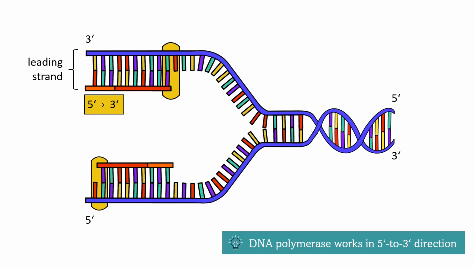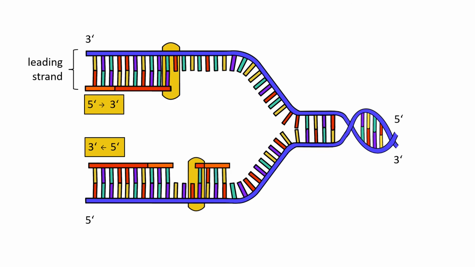The other is going to be synthesized discontinuously in small pieces, because the DNA polymerase has to shift every time that helicase separates another part of DNA to work in the 5' to 3' direction, as you can see here.